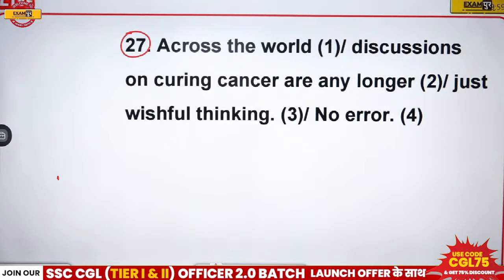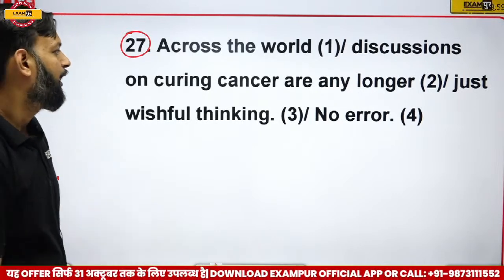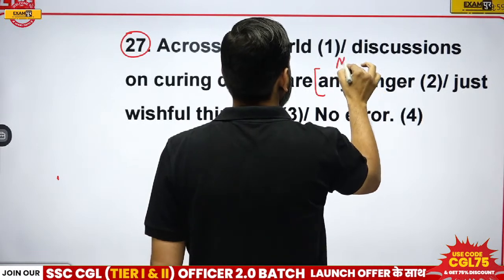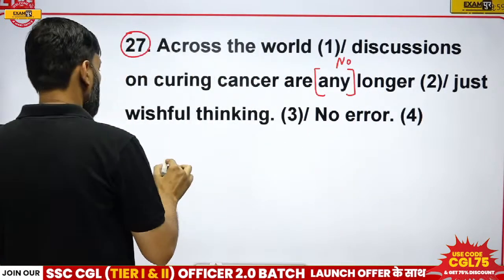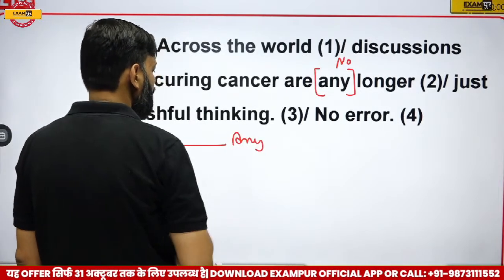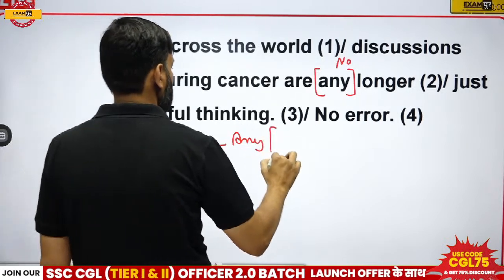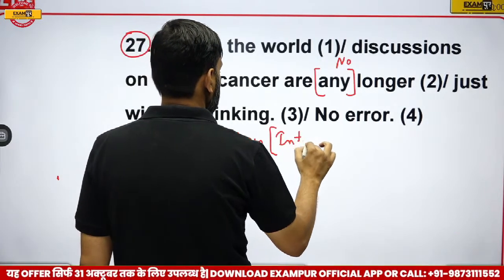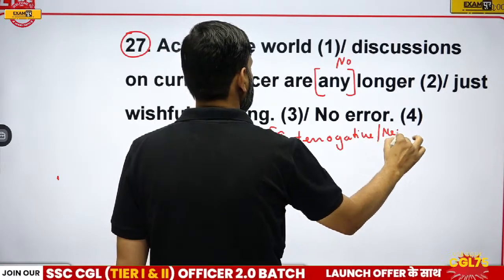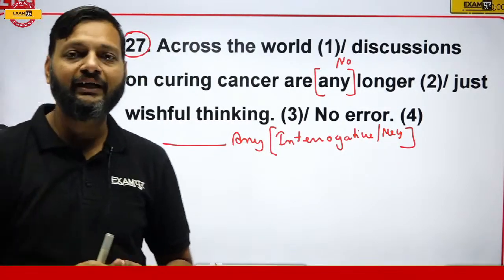What happened, guys? What is the problem? See, here any will be replaced by no, because any is used in interrogative sentences or negative sentences. Any has to be used in interrogative or negative sentence.